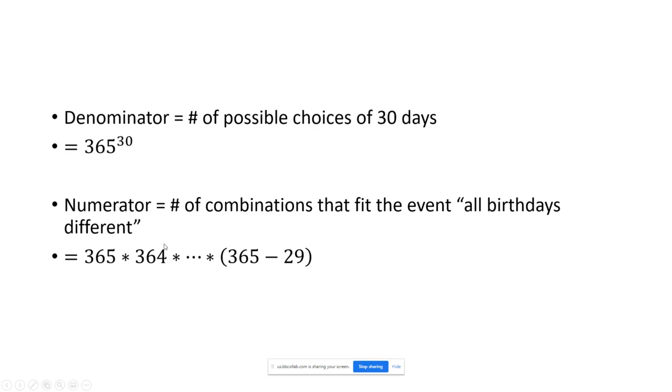Then for the second person, we have 364 choices because we want this person's birthday to be different from the first person. Then 363 choices for the third person because we don't want them to match either of the first 2 people. And so on, down to 365 minus 29, to get all the 30 people's birthdays to be different. So that turns out to be 365 times 364 times ... down to 336.